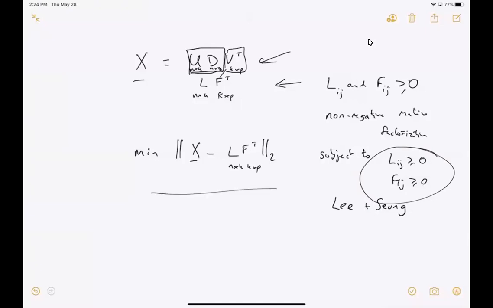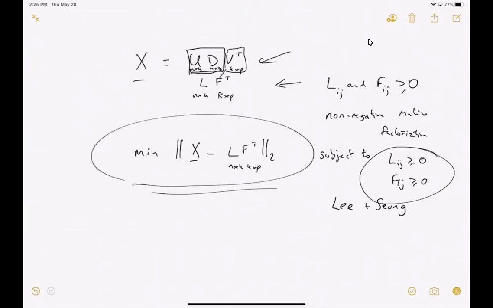It turns out that this non-negative problem is not solvable exactly. You have to solve it numerically. Actually, it turns out there's an EM algorithm to do that, but we're not going to focus on exactly how to do it. Just like the SVD, we're going to assume that you've got a method for minimizing this.